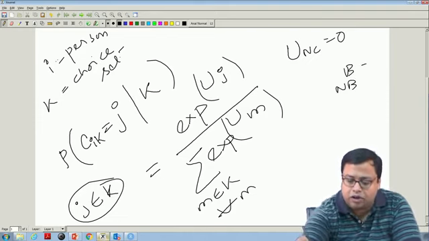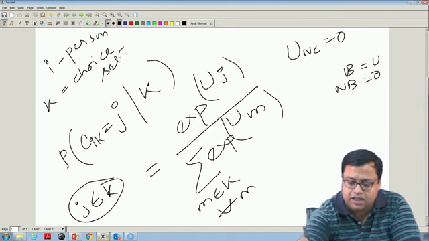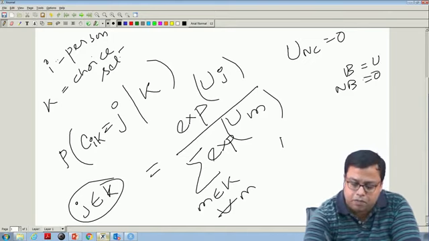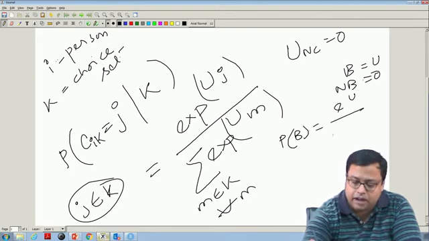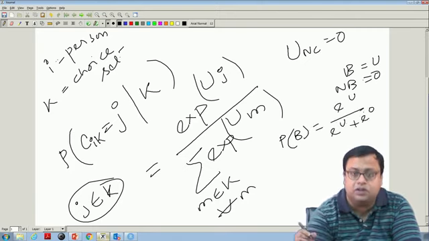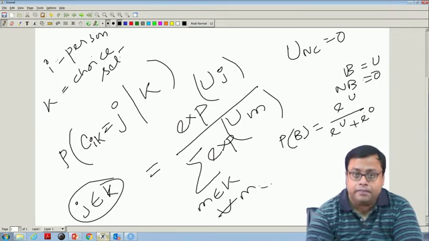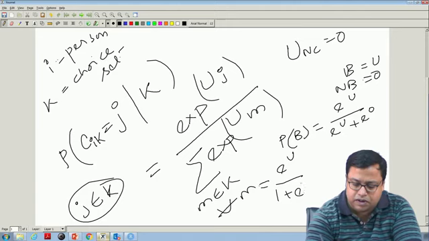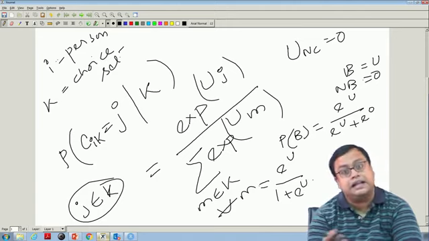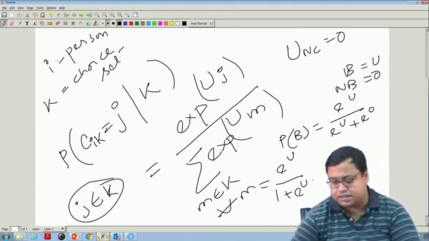So, let us say the buy option is u and the not buy option is 0. Then what will be the probability of buying? Probability of buying will be e to the power u by e to the power u plus e to the power 0, which comes to e to the power u by 1 plus e to the power u, something like this. So, that is logistic regression, it actually mimics logistic regression.